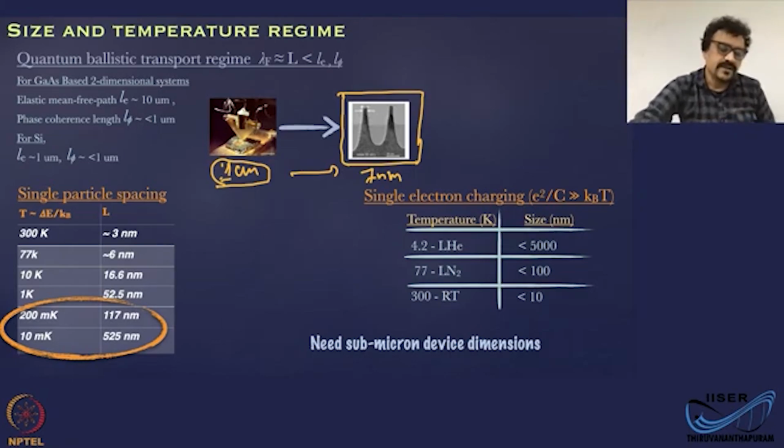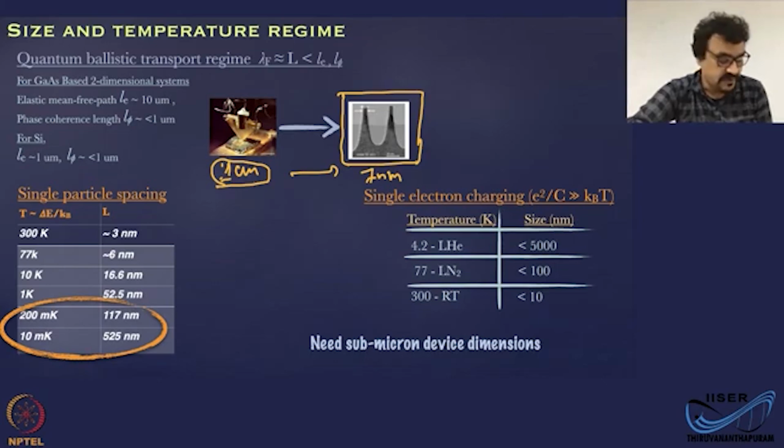Now, let us take a quick look at the length scales that we are aiming for. Okay, so as we have discussed, the length scales where we need to see single particle spacing or single particle phenomena are a few hundreds of nanometers.